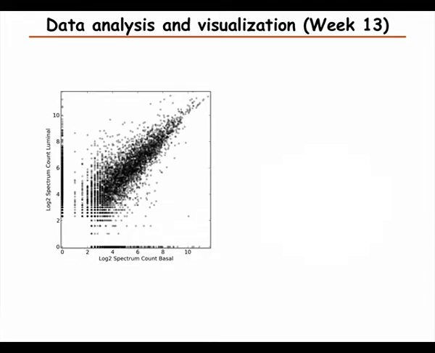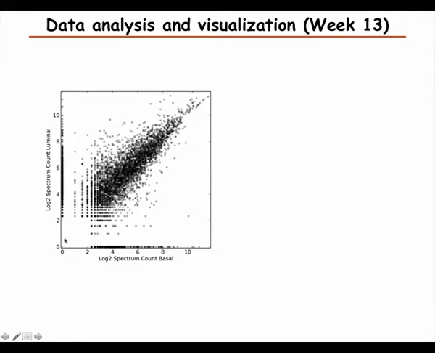Then week 13 we're going to look at how to analyze and visualize data. We're going to do that throughout the talk, but there will be one lecture more dedicated to how we can in a good way analyze and visualize data. So this for example just shows two tumors, one basal breast tumor and one luminal breast tumor, and we've done an experiment and we've just done spectrum counting, a simple way to do the quantitation.